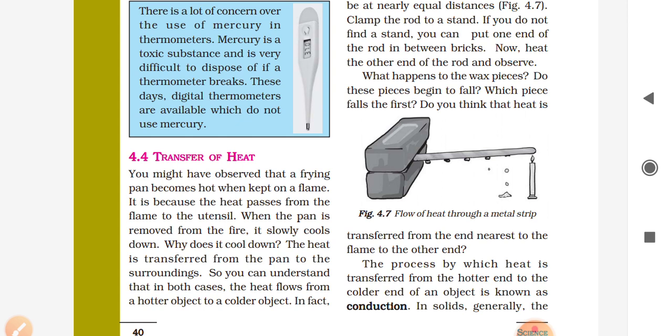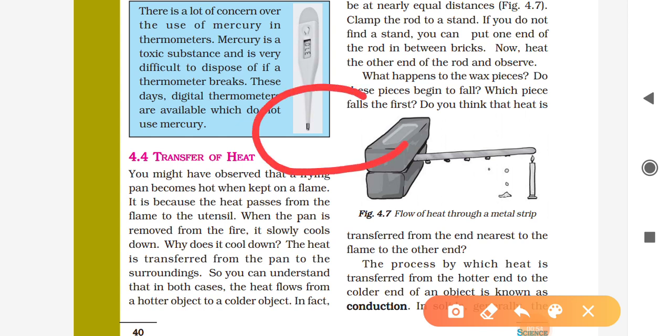You might have observed that a frying pan becomes hot when kept on a flame. Suppose this is the frying pan, and you give a hot object below it, suppose a flame or a candle or whatever it is.